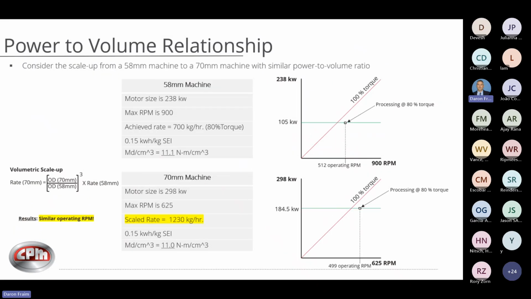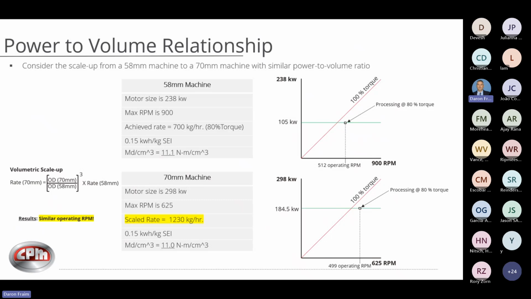Now here is a situation where you're going to actually scale on similar torque densities, and this is ideal. It makes your life a little easier. Both of these machines are right around the 11 torque density. So as you can see, if you look at your scaled rate from 700 on the 58 machine, you get 1230 on the 70, and they're operating at 80% torque, relatively pretty close, same RPM levels.